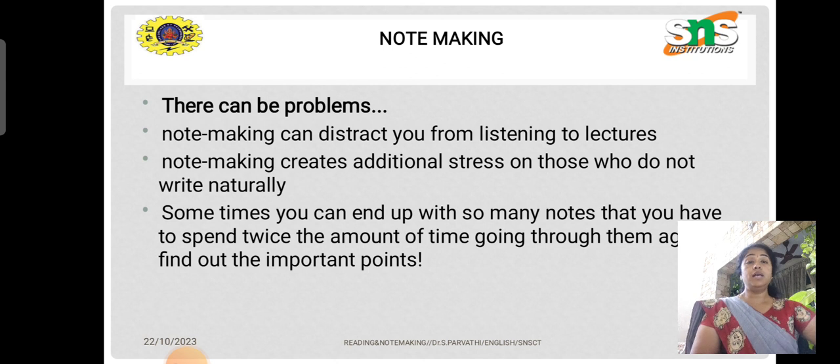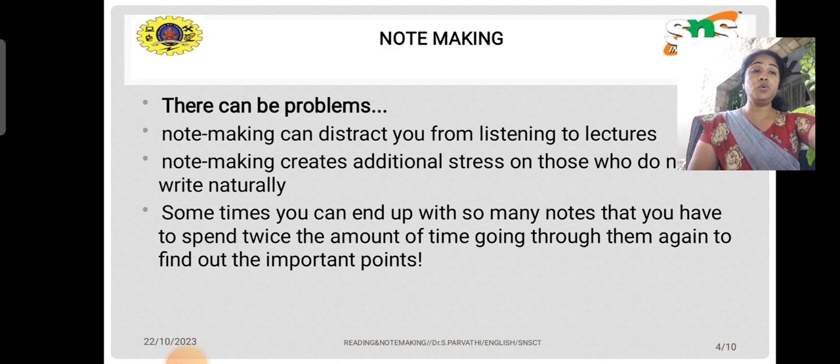Okay, so sometimes you can end up with so many notes that you have to spend twice the amount of time going through them again to find out the important points, because I know some of the students, what they do is each and every word they note down on their paper, on their notes, because they have no idea which is important, which they have to ignore, because they don't know how to analyze the paragraph.